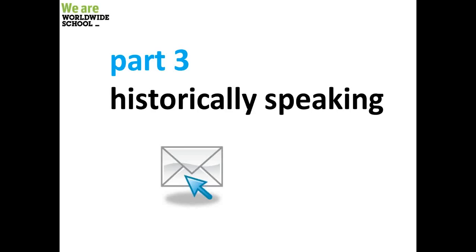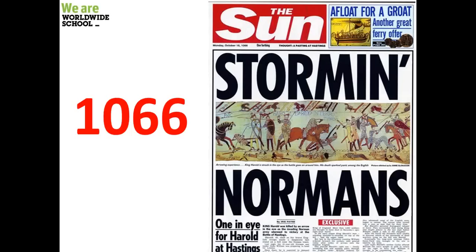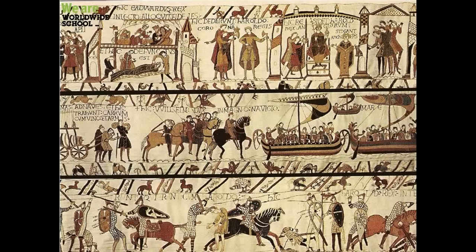Historically speaking, if we look at the difference between official formal emails and informal emails, there's something very interesting to learn about, or maybe to remind yourselves of. Well, it's this date, it just pops up everywhere. If you learn English, this date means a lot, because this is when Normans, let's say French people, that's a generalization, but let's say French people invaded Britain.